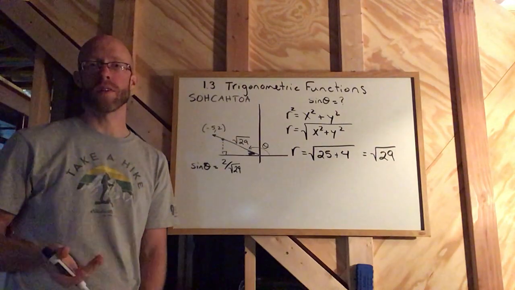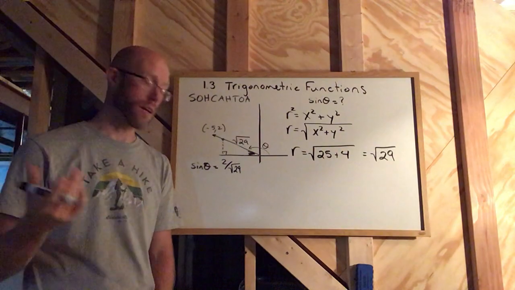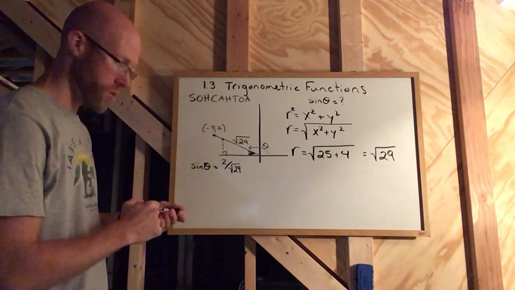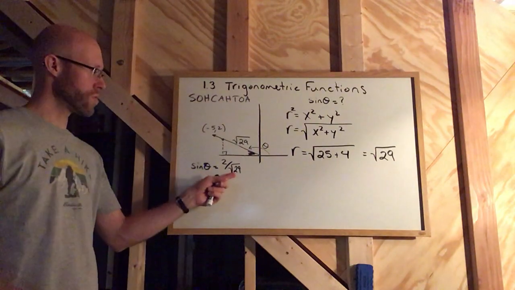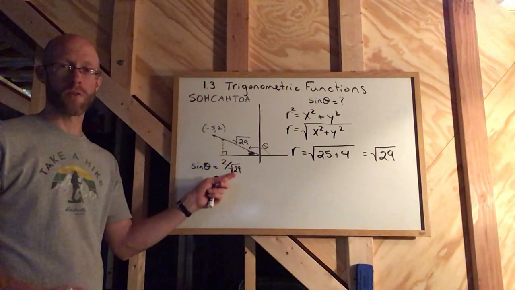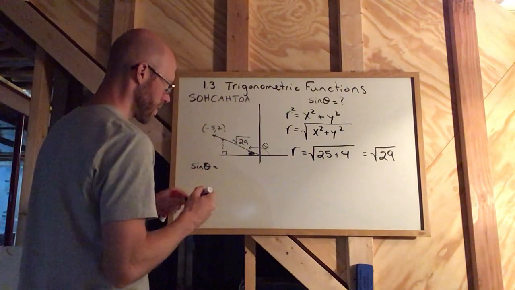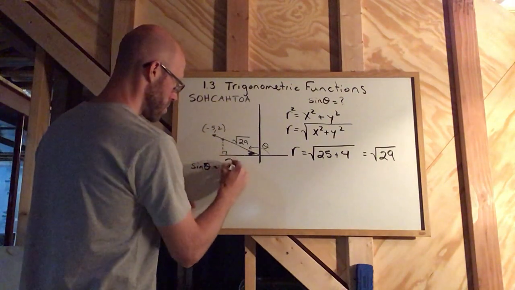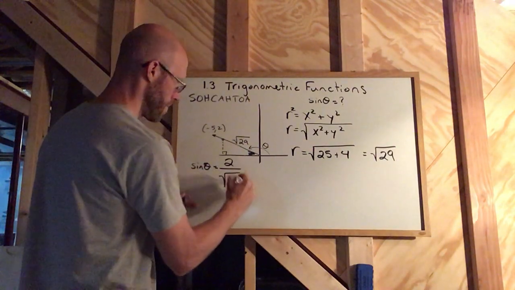Now, in the last video, I showed you how to rationalize denominators. We're going to do that again. And so, to do that, I'm going to multiply top and bottom by the square root of 29. Let me rewrite that so it's a little bigger. I'm going to get 2 over square root of 29.